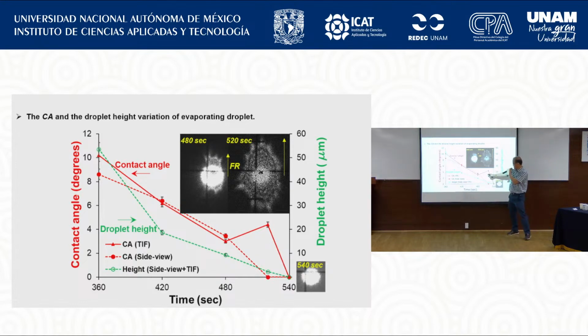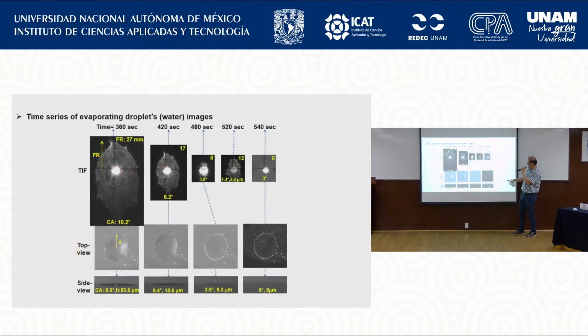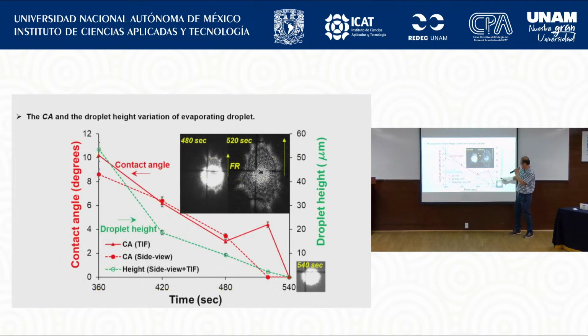Why does the contact angle show this increasing phenomenon? The reason is because here, this is now constant radius evaporation. So I think that is the main reason why it shows a contact angle increase at the end of dry out, which is first reported here in this society.